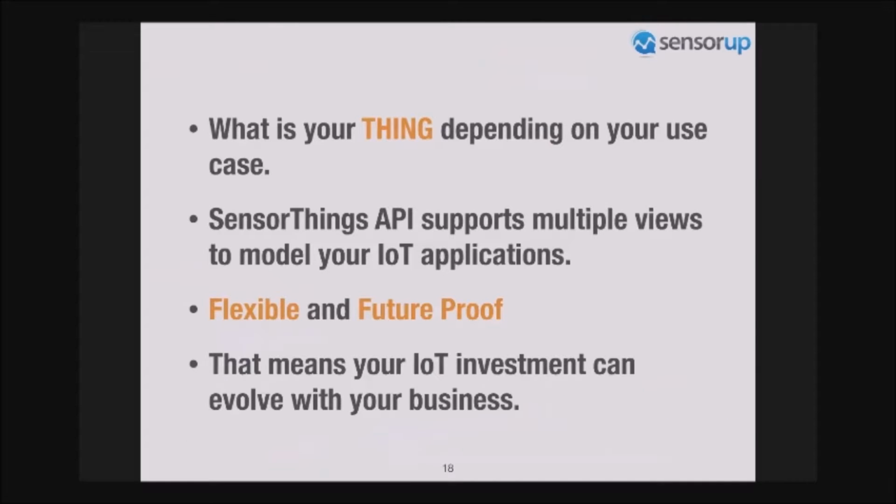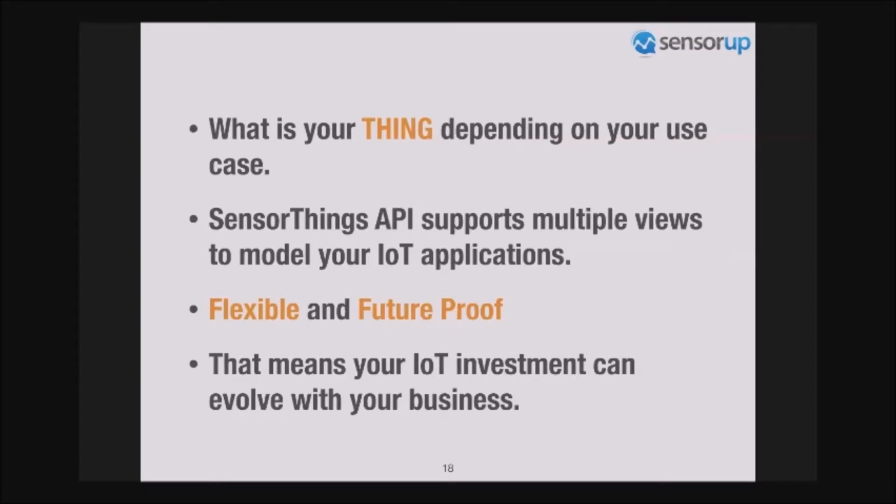Conclusion: what your thing is depends on your use case. And the SensorThings API supports multiple views to model your IoT applications. It's flexible. I think I just demonstrated it is flexible and future-proof. That means your IoT investment can evolve with your business.